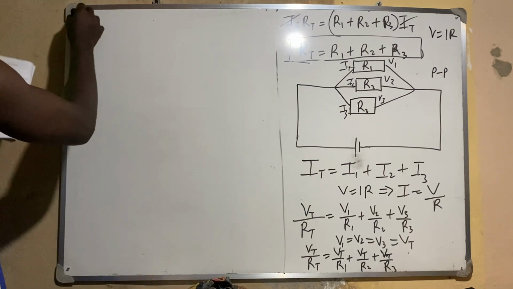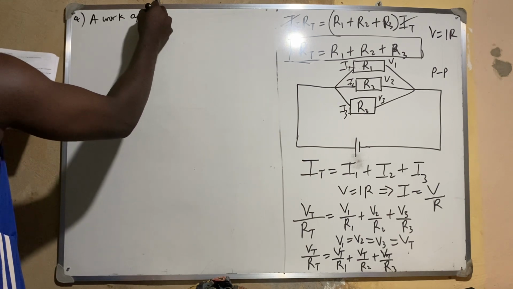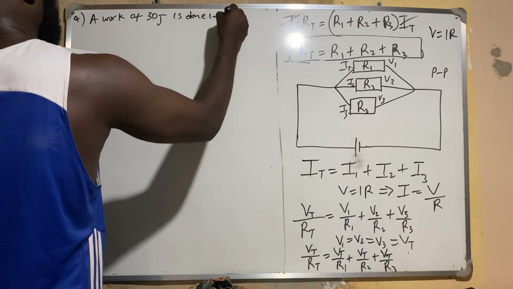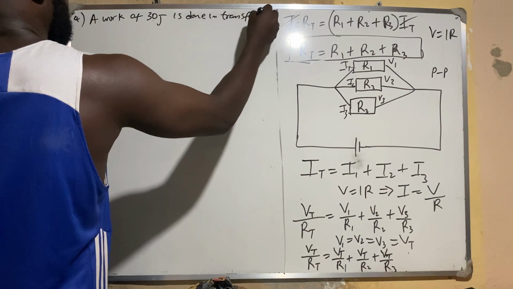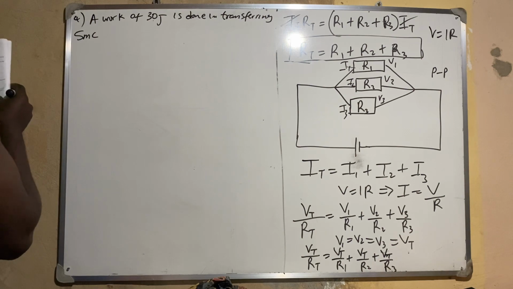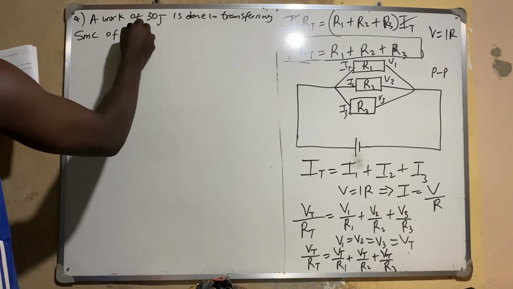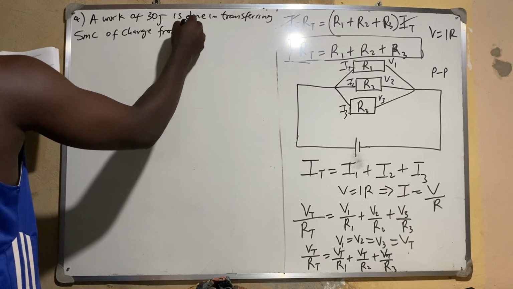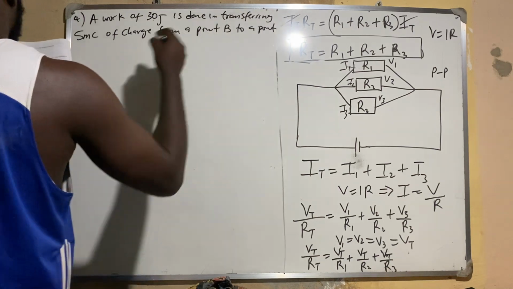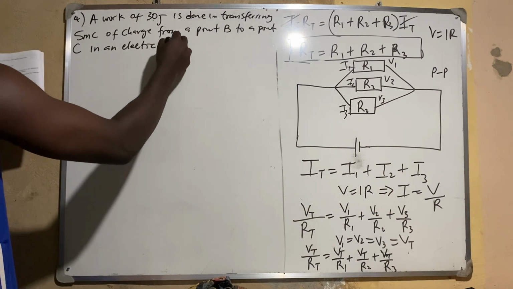Question number 4 says a work of 30 joules is done in transferring 5 mC of charge from a point B to a point C in an electric field.